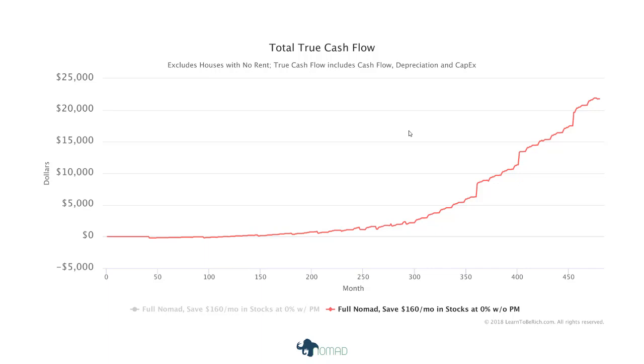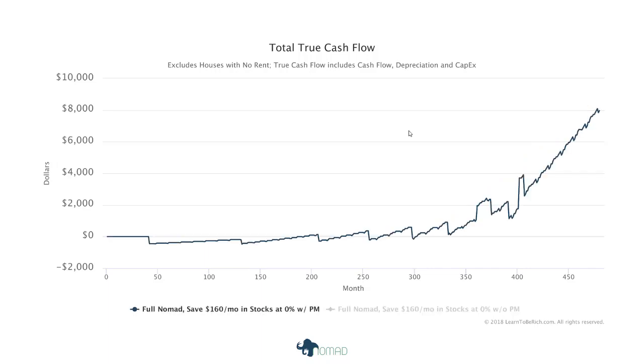On 11 properties, one of them you're living in. Here's the cash flow when you do the property manager. Much more negative, and it doesn't really get positive until, I guess, right here, month 300. But you have enough money in your bank account using this model to do that, because we have that buffer. And then it comes positive and it gets up here to about $8,000 a month. What was the amount before? 20.